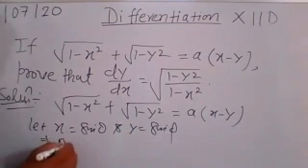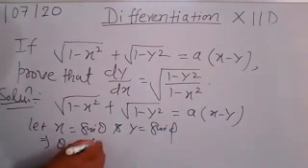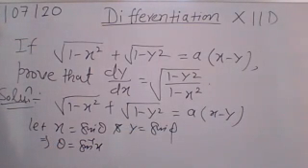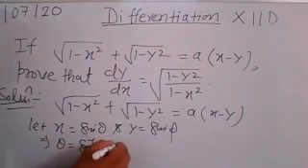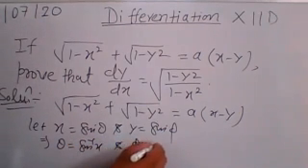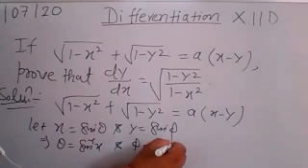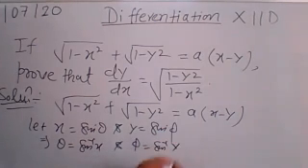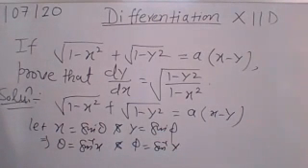This implies θ = sin⁻¹x and φ = sin⁻¹y. So in this way you have the values of θ and φ.